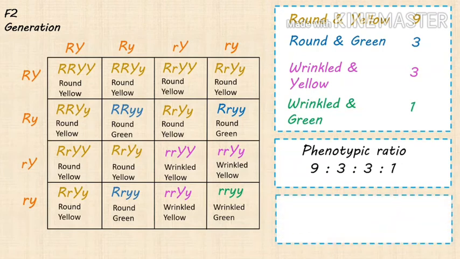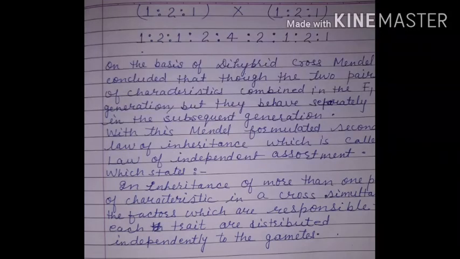And genotypic ratio, what will be genotypic ratio? If you want to find out genotypic ratio for this, you have to just multiply 1:2:1 to 1:2:1. This you remember. And how will you multiply? First of all, 1:2:1. Second one, 1:2:1. You multiply by each number of first ratio, the whole ratio, you will multiply by 1, then by 2, then by 1.